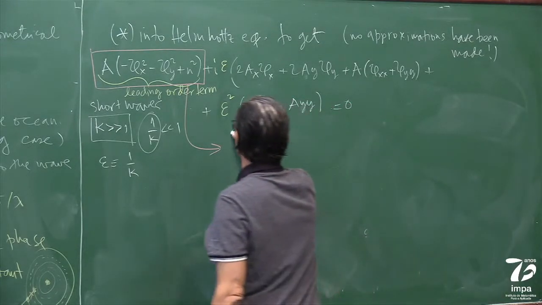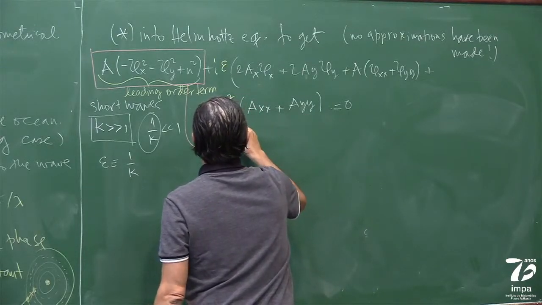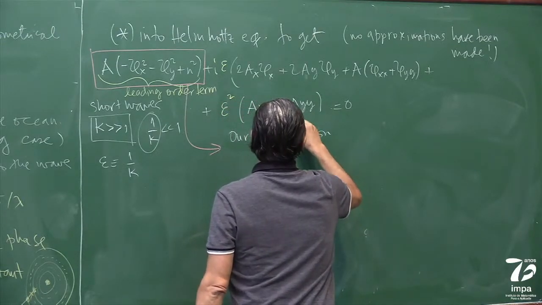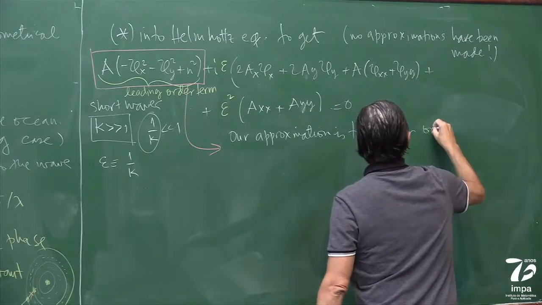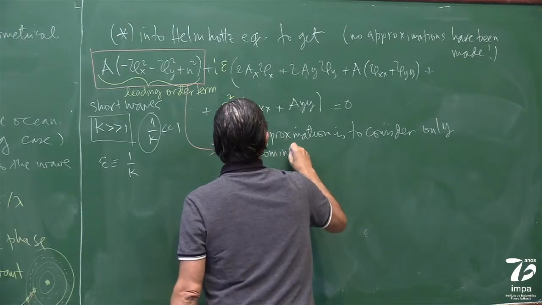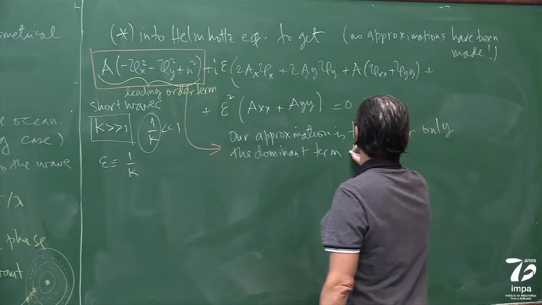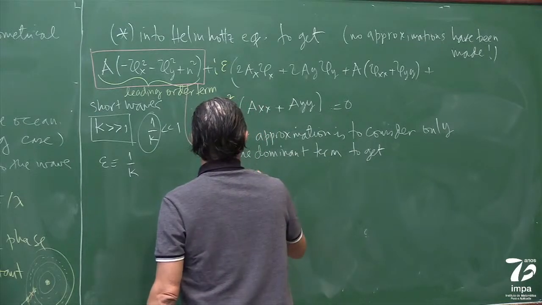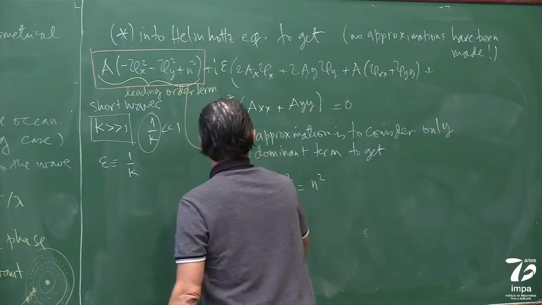So our approximation is to consider only, let me put another name which is useful, the dominant term, which is the leading order term, to get the Eikonal equation.